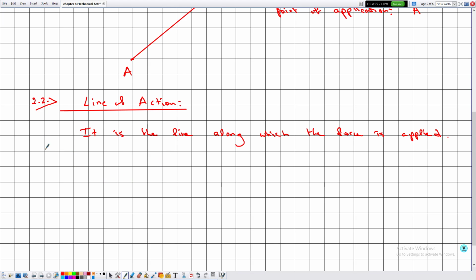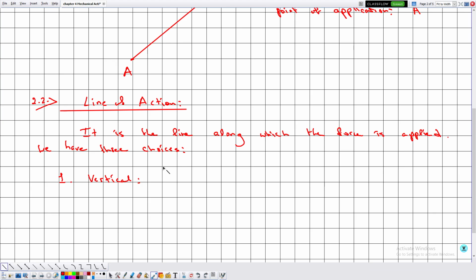And we have three choices. So let me say choice number one is the vertical. The vertical is given by this direction, by this line of action.